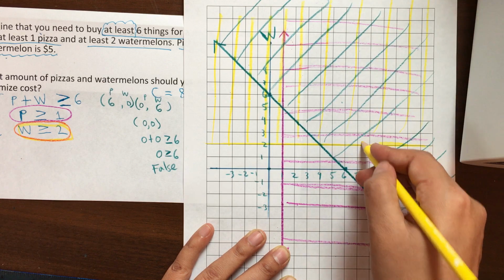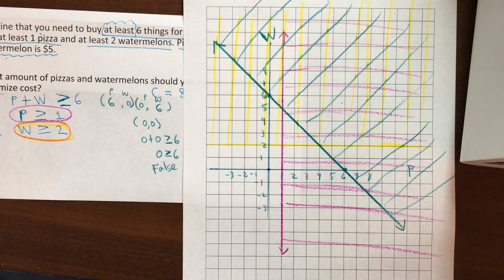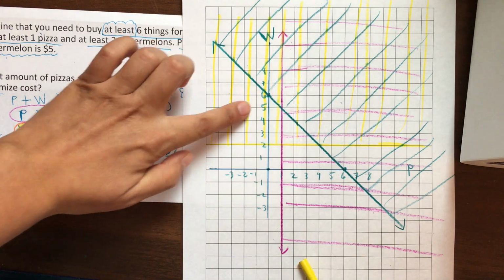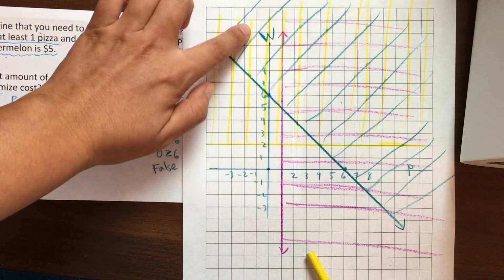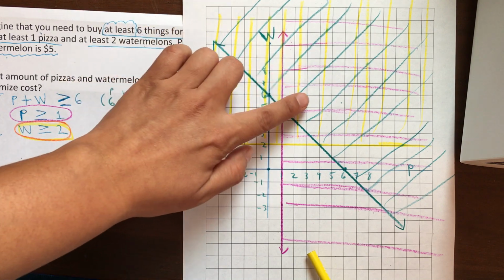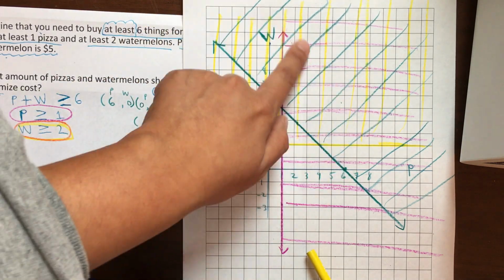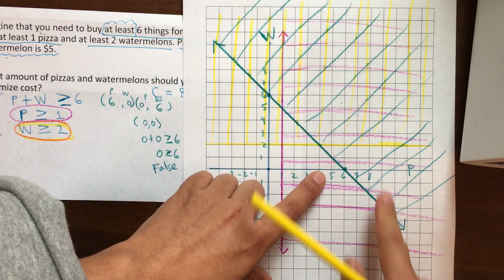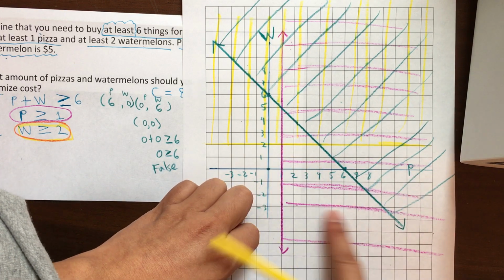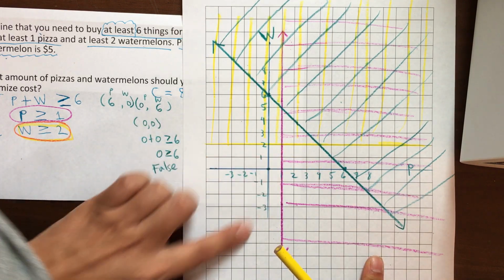And so I'm going to check to see where all three shades meet. And if you notice in here I have only yellow and green. In here I have yellow, green, and pink. In here I only have green and pink, and then white.